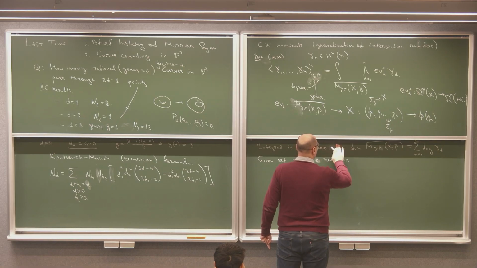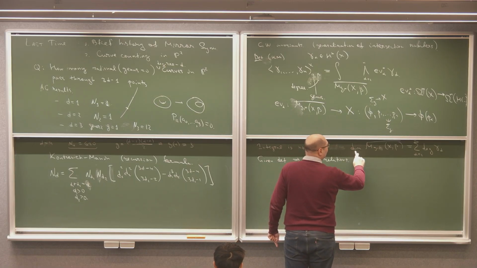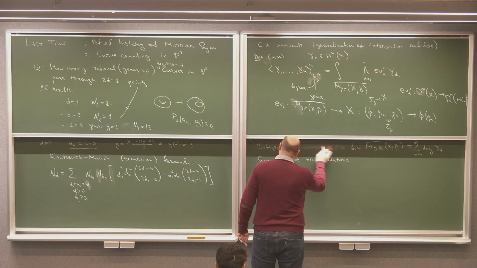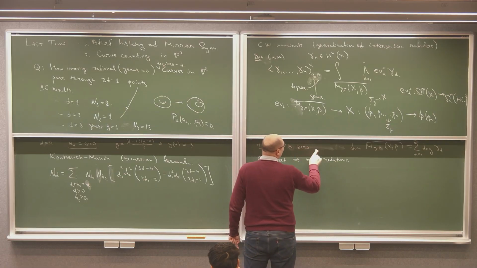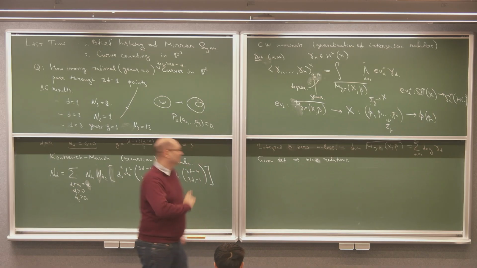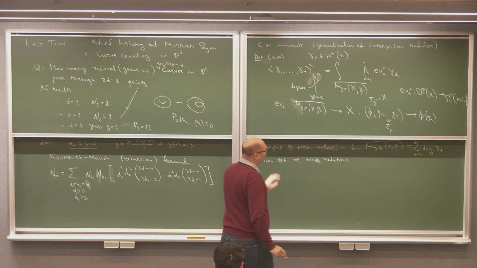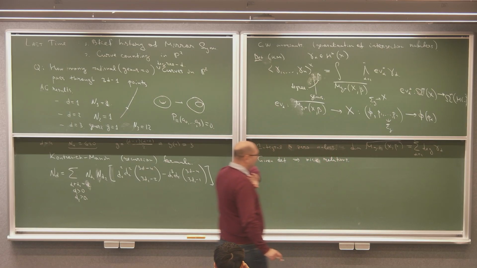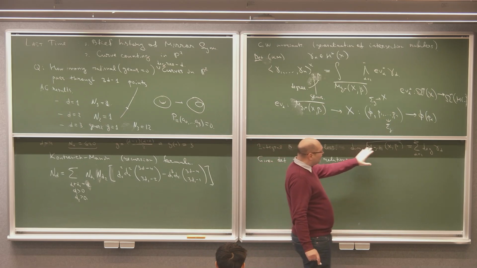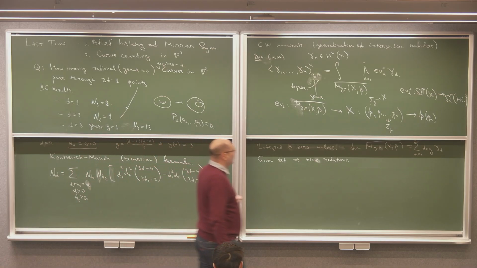Okay, let's make it more precise. The integral is zero unless we have this condition. Yeah, I think that's a more careful statement. So if this condition is not satisfied, then the integral is definitely zero. If this condition is satisfied, then we still can get some zero answers, and we can get some non-zero. Yeah. Thank you.